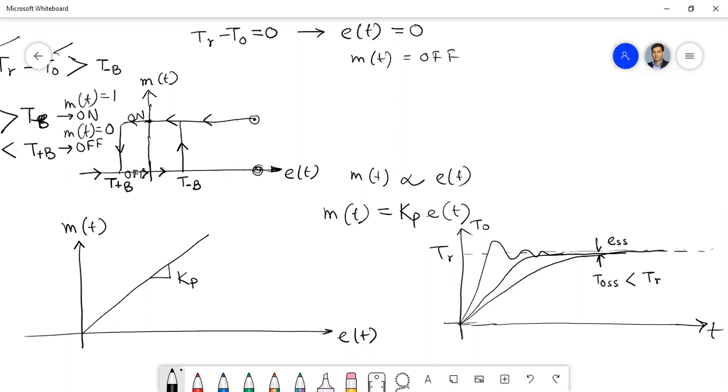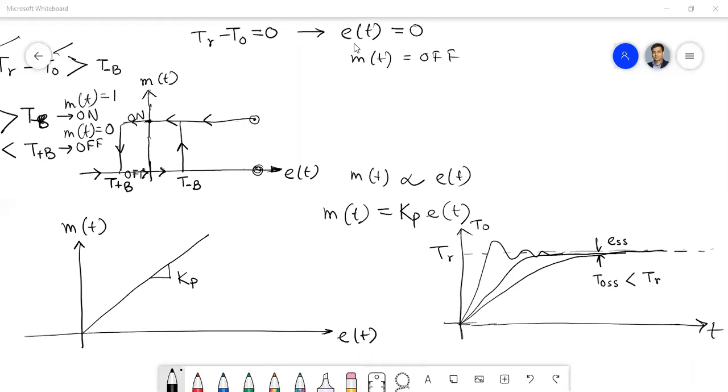So suppose my desired temperature is 90 degree, I may have 88 degree or 89 degree. So that error will be defined by this Kp. So that error is generally 1 by Kp. Okay, so that is the problem in the case of proportional controller.